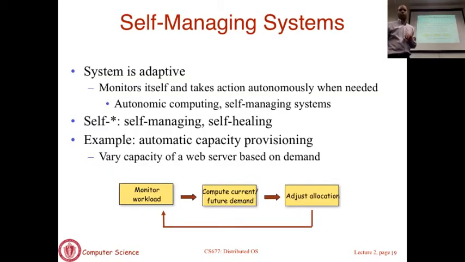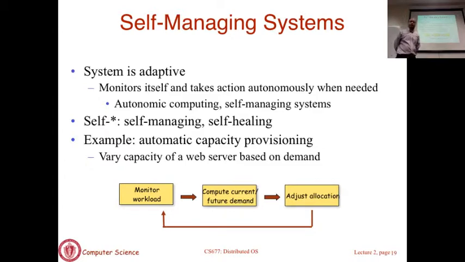Okay. So the last architectural detail we'll talk about is what are called autonomous systems, or also called self-managing systems. These are systems that are adaptive and they are intelligent in some shape or form. We'll come back to a more detailed discussion of this.